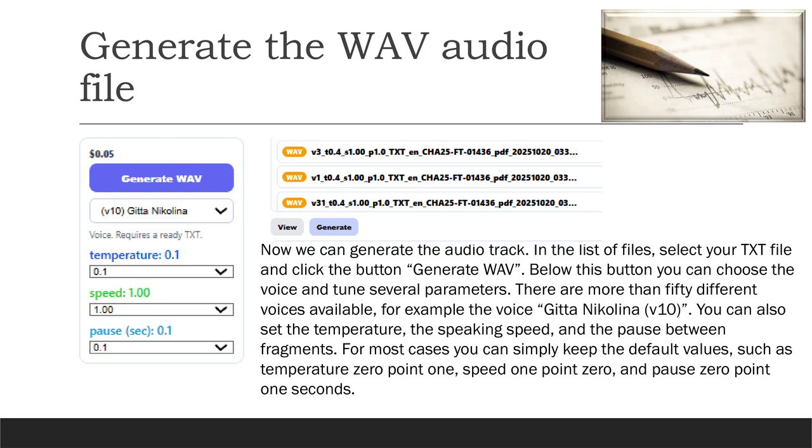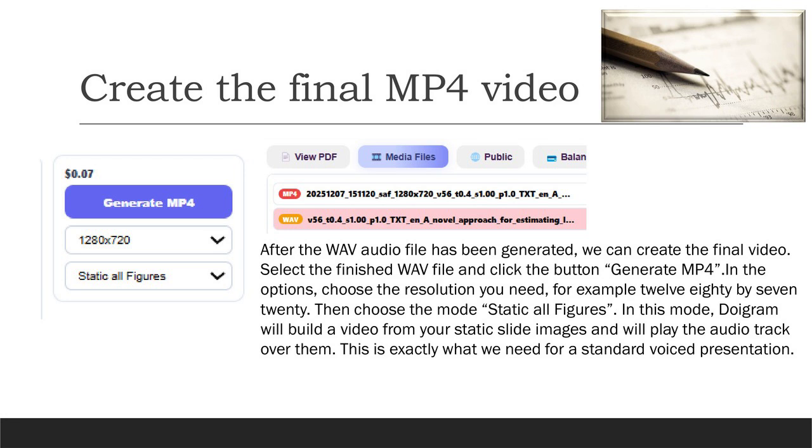For most cases, you can simply keep the default values, such as temperature 0.1, speed 1.0, and pause 0.1 seconds. If you want to test different voices, you can create another empty TXT file with a short phrase and generate several WAV files using different voices. Then, when you have found a voice that you like, you can use it for your main narration text.